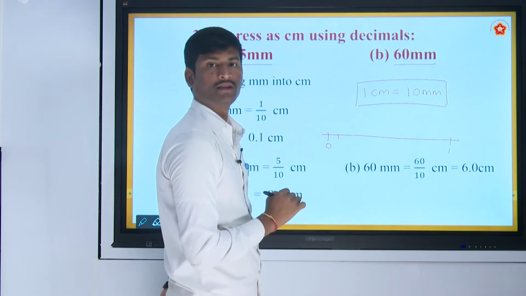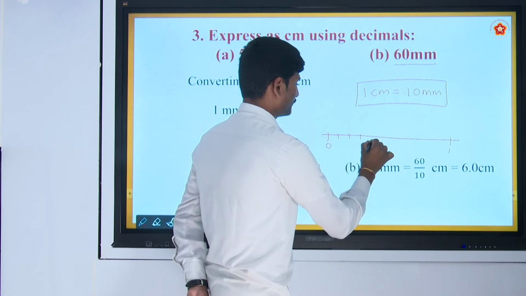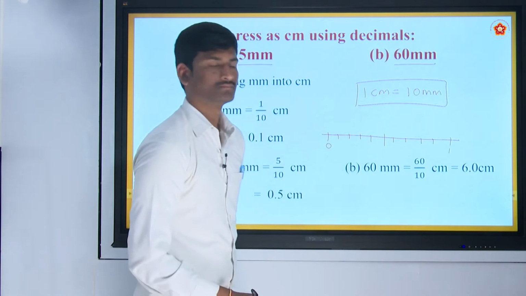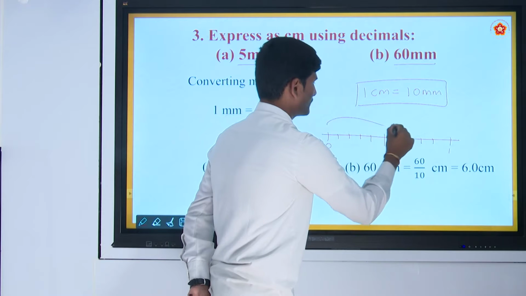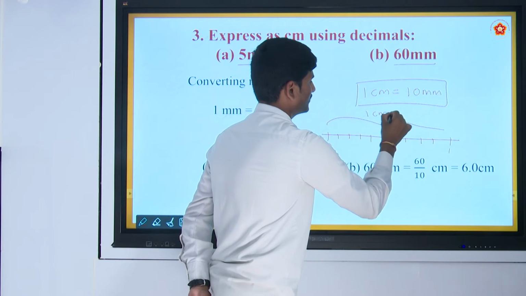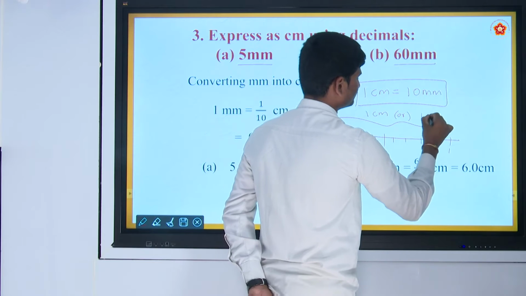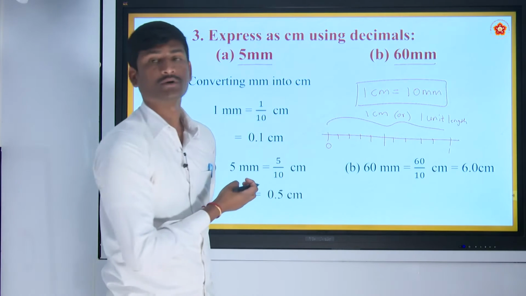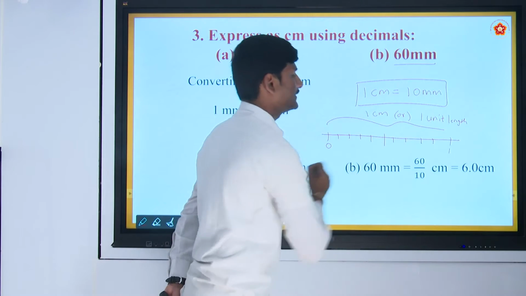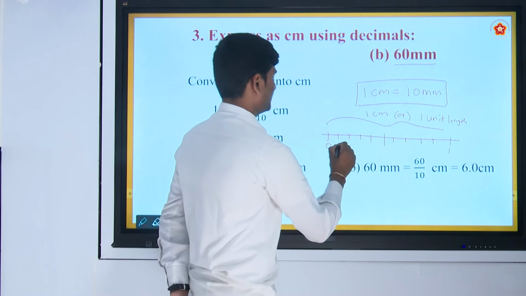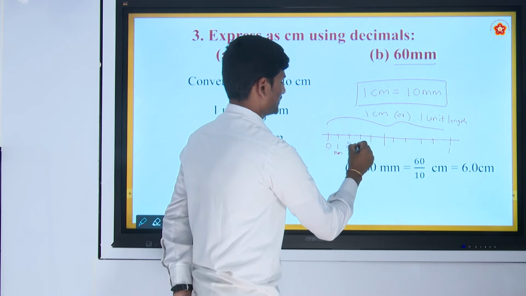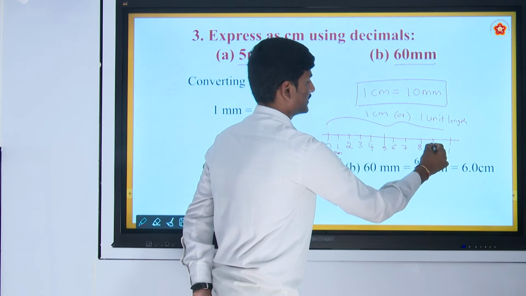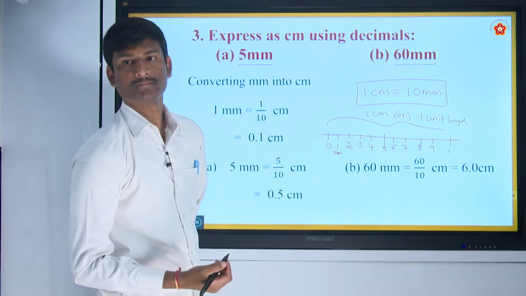In between, how many lines? 1, 2, 3, 4, 5, 6, 7, 8, 9. 1 centimeter or 1 unit length is divided into 10 equal parts, right? 1 centimeter is equal to 10 millimeters. 1 millimeter, 2 millimeter, 3 millimeter, 4 millimeter, 5 millimeter, 6 millimeter, 7 millimeter, 8 millimeter, 9 millimeter, 10 millimeter. Understood?